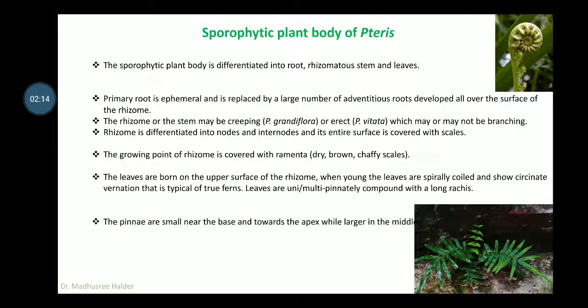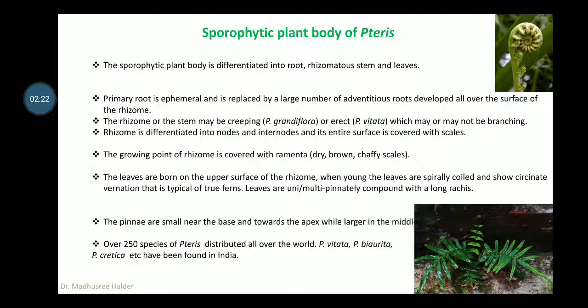The pinnae are small near the base and towards the apex, while they are larger in the middle portion. Throughout the world, almost 250 species of Pteris are distributed, but in case of India, some species are found like Pteris vittata and Pteris cretica, etc.